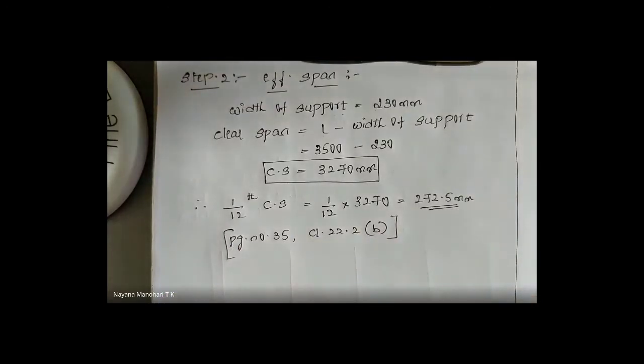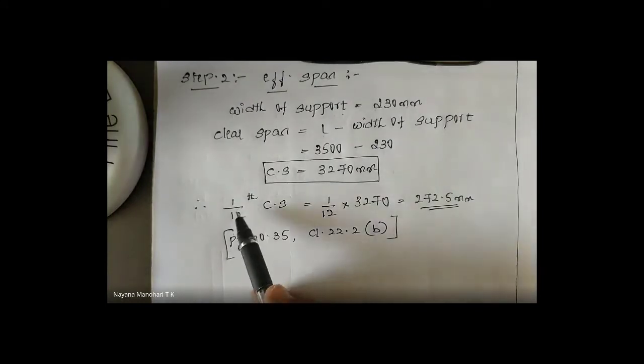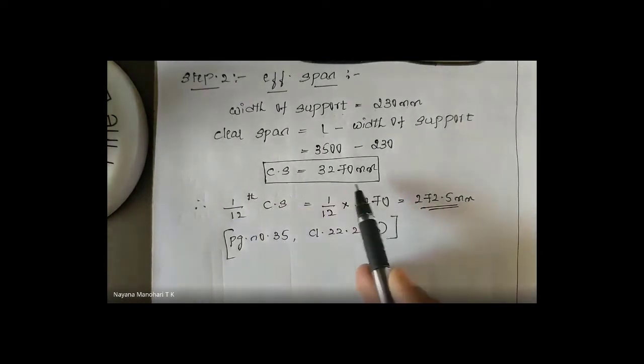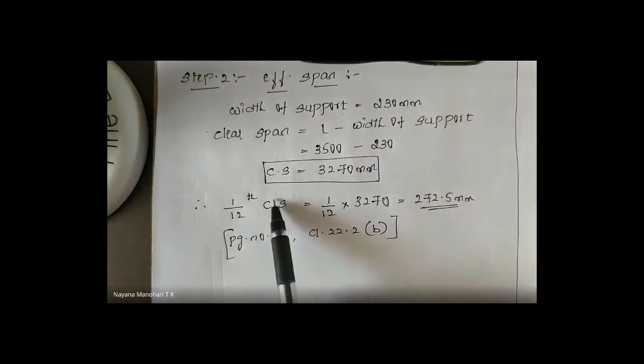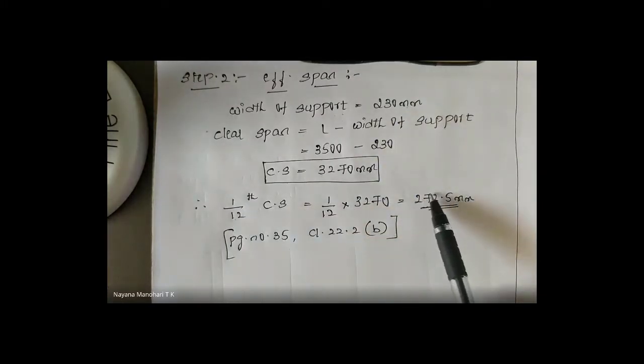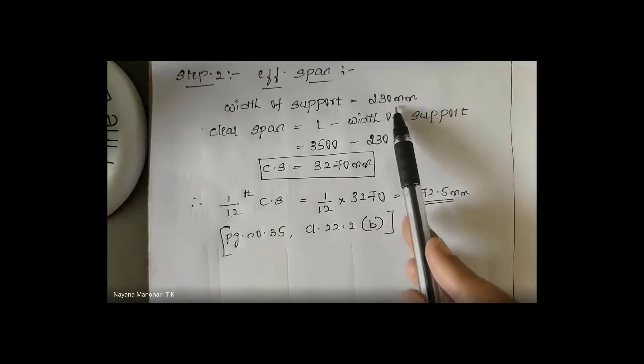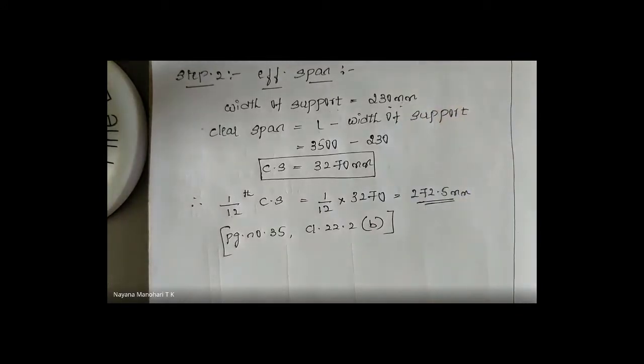Okay, 272.5. Compare that 1 by 12th of the clear span, how much you got? 272.5. And the width of the support, it is what? 230.